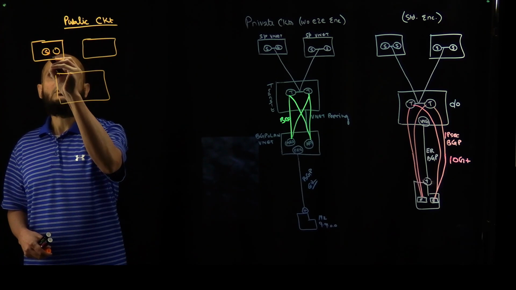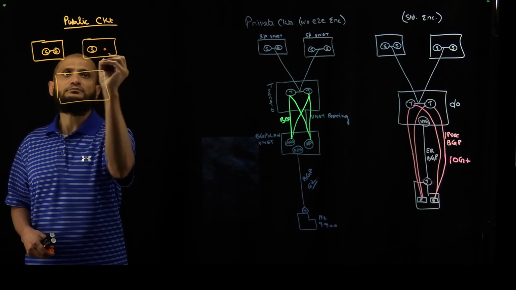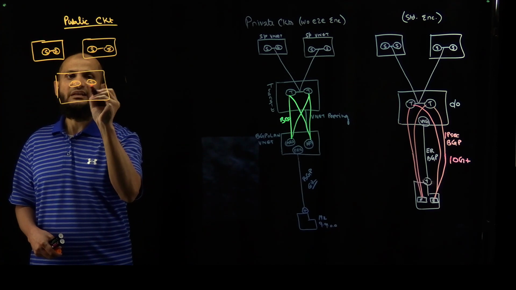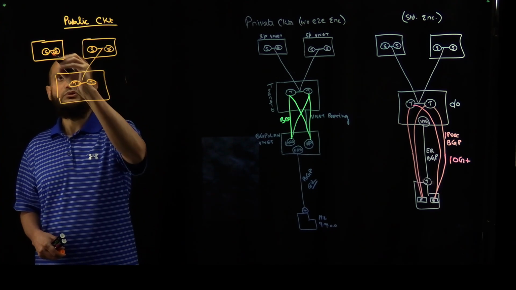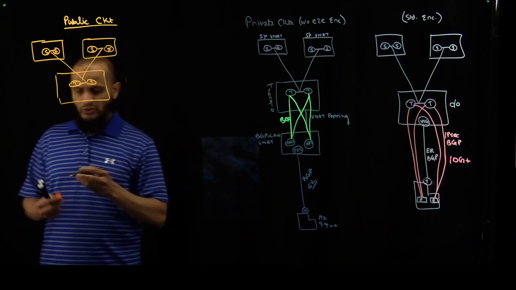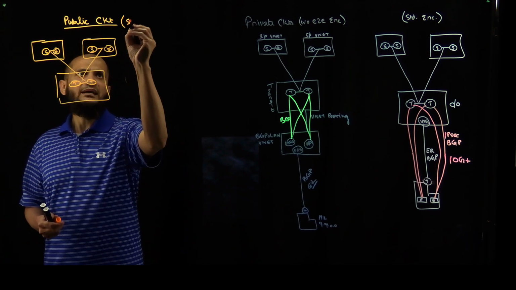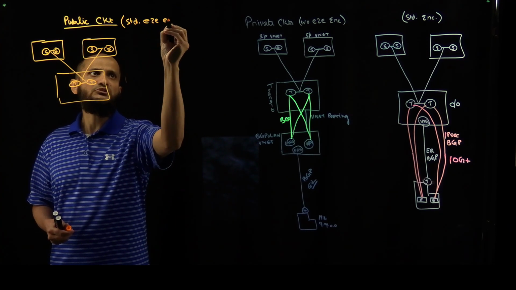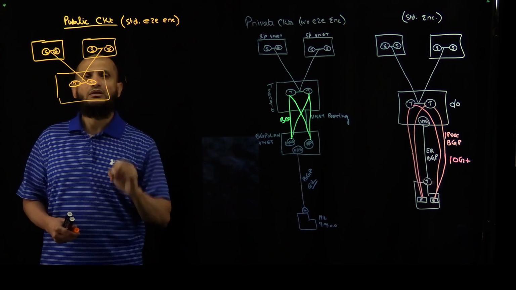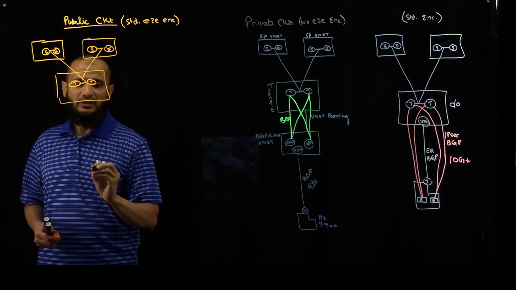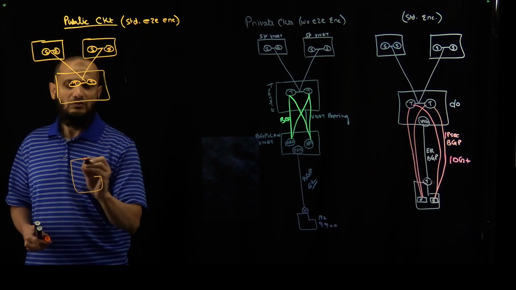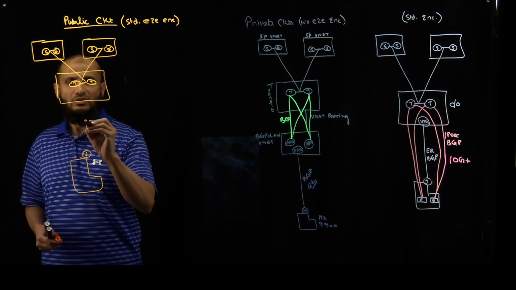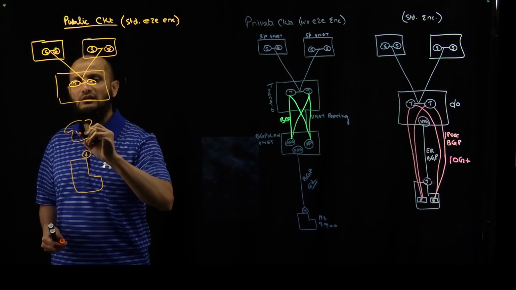We have spoke gateways, and we have transit gateways in the transit VNet. We connect them together. It is going to be standard end-to-end encryption in this scenario. So this is all encrypted, and then from here we do have internet as a medium.